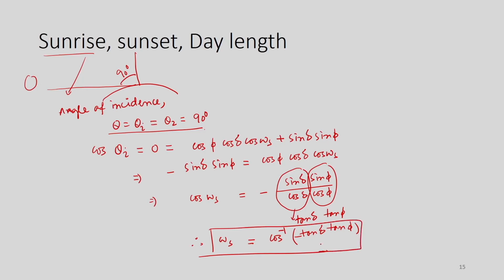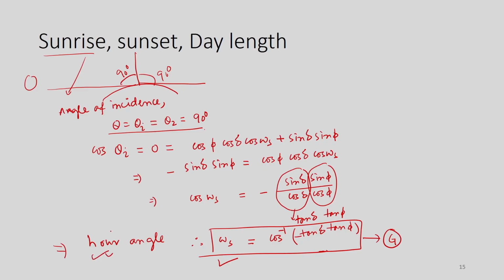So, we can calculate omega s, which is nothing but our hour angle. Now, the angle between sunrise and sunset: this angle is 90 at sunrise, and again at sunset it will be 90 degree.